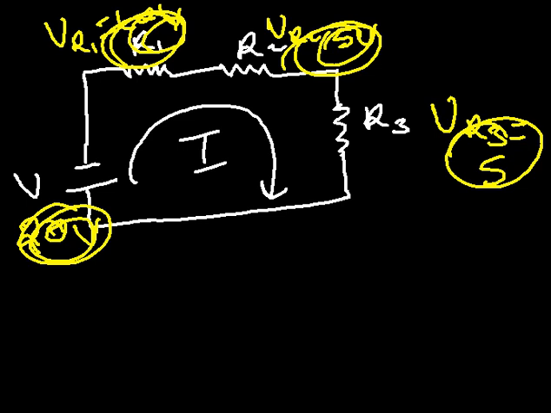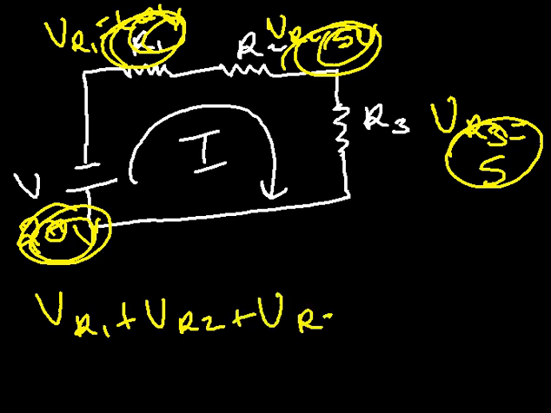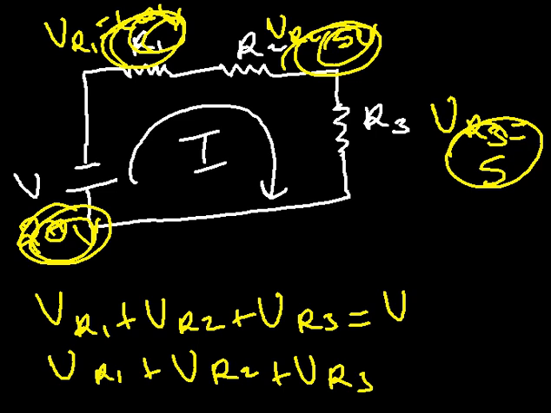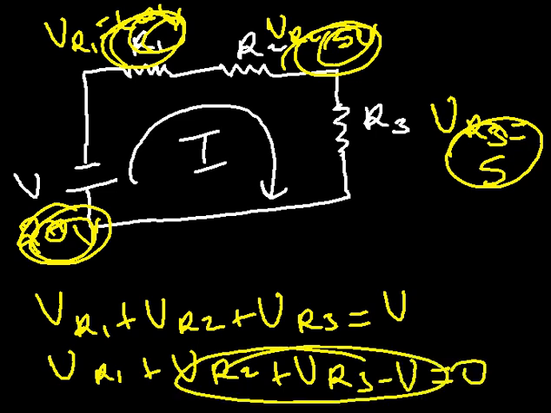So the voltage across R1 plus the voltage across R2 plus the voltage across R3 is the same as the voltage from the battery, which is given as V. So this is VR1 plus VR2 plus VR3 minus V is equal to 0. This is what we call the Kirchhoff voltage law.